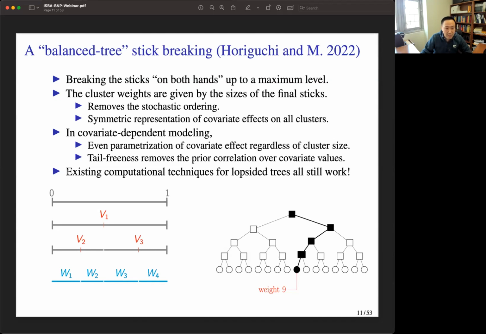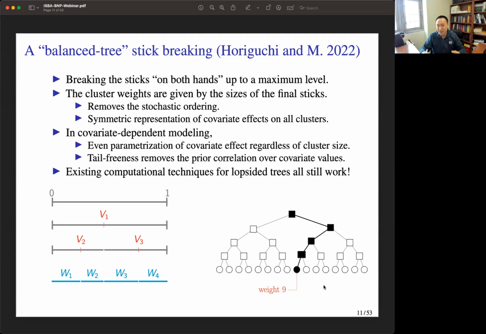So one thing that I want to mention here is that by generalizing the tree topology to an alternative to the original lopsided tree, we introduce absolutely no complication in the computational techniques. Because remember, at the end of the day, the step that involves this tree topology within, let's say, your Gibbs sampler is the Polya tree posterior, and the Polya tree posterior doesn't depend on the given tree topology.